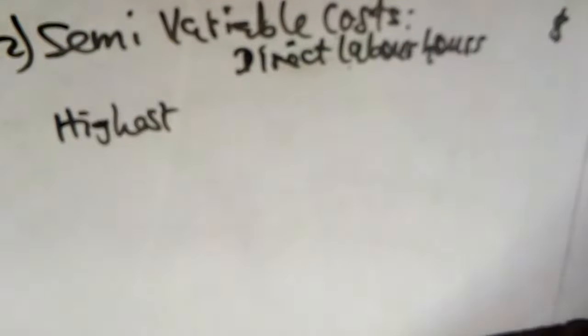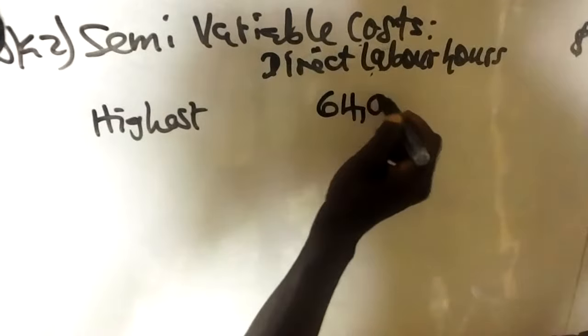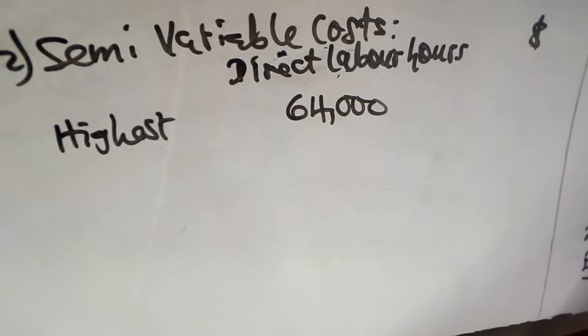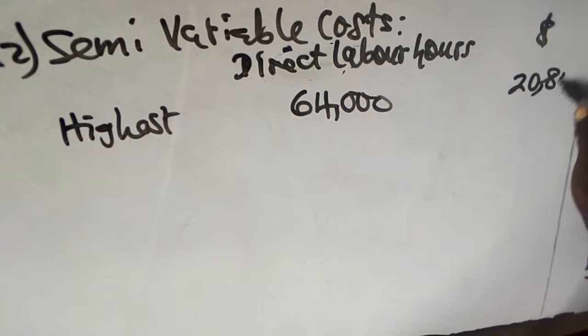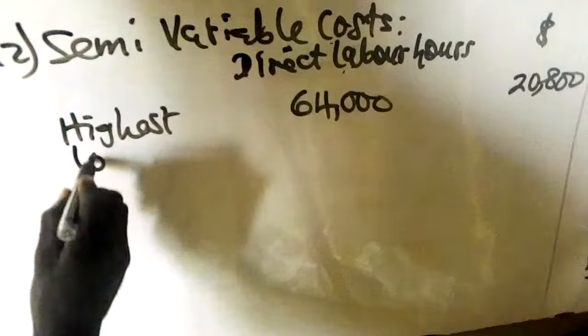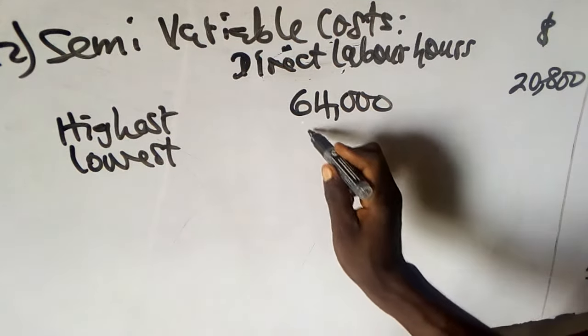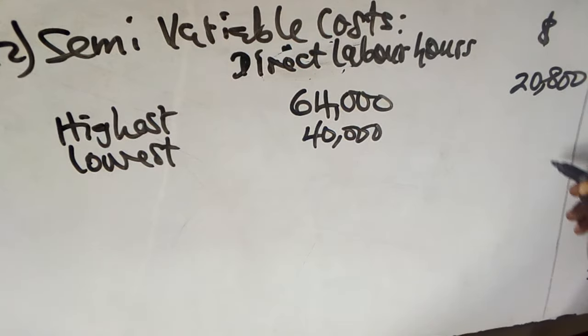The highest activity is 64,000 direct labor hours, and the semi-variable cost at that level of activity is given to be 20,800, as underlined. The lowest activity is 40,000 direct labor hours, and the cost at that level is 16,000.